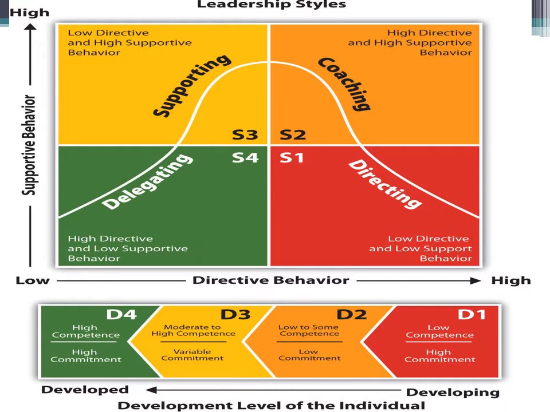Again, I repeat that S1 is directing, S2 is coaching, S3 is supporting, and S4 is delegating. The first one is directing. In this style, low directive and low support behavior is provided.